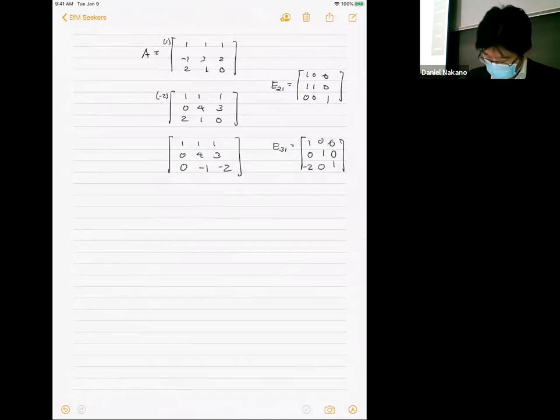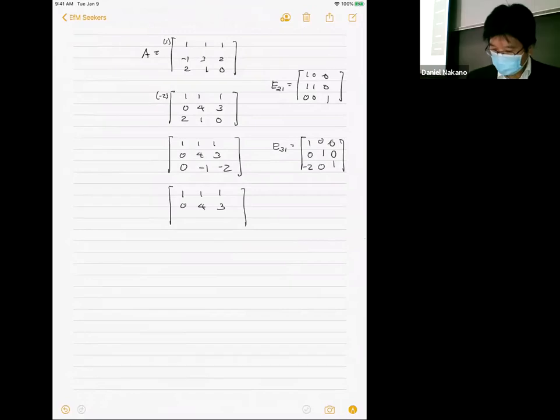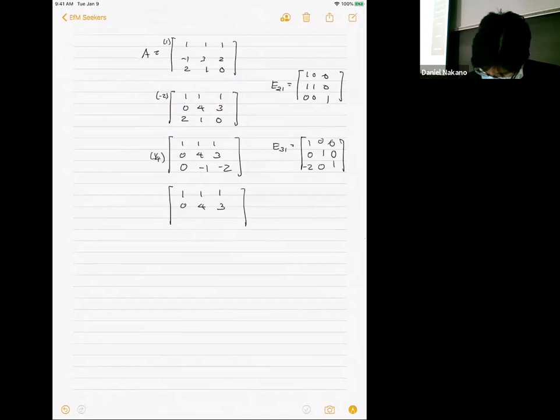Okay, so what multiplier do we need next? What do we need to multiply the second row by? 1/4. Okay, so let's do that. So we get 0, 0, and we get 3/4, and then minus 8/4, which is -5/4.